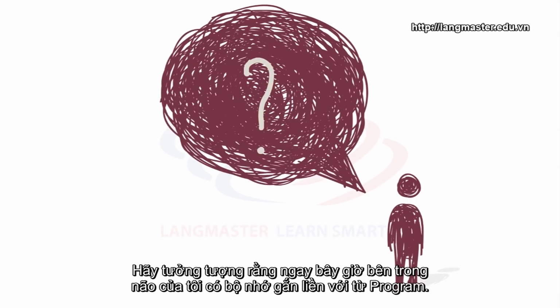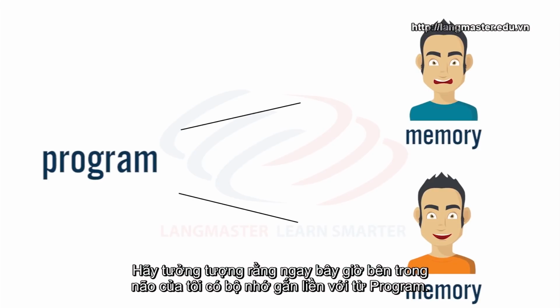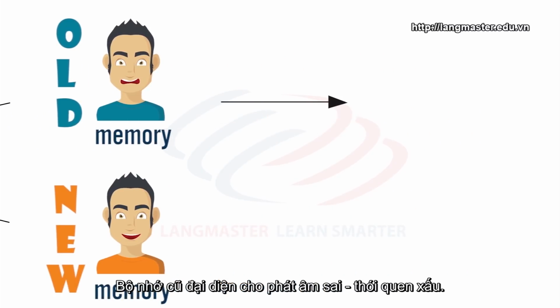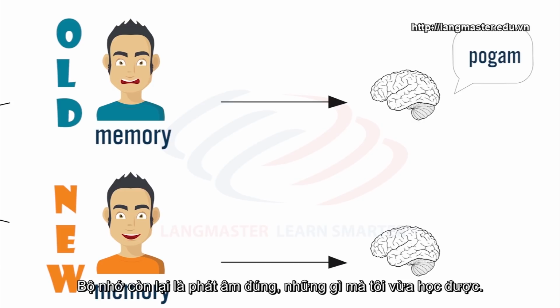Imagine that right now inside my brain there are two memories associated with the word program. One of them is old, the other is new. The old memory represents the wrong pronunciation, the bad habit. The new one represents the right pronunciation that I've just learned.